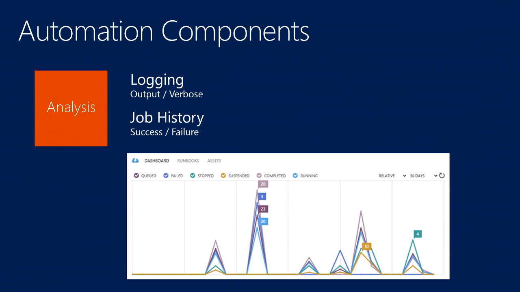PowerShell workflow allows you to suspend workflows through code. So you can say, go ahead, do all this stuff to those servers, then wait for me, and then I'll come and check it, and then I'll continue running after that.